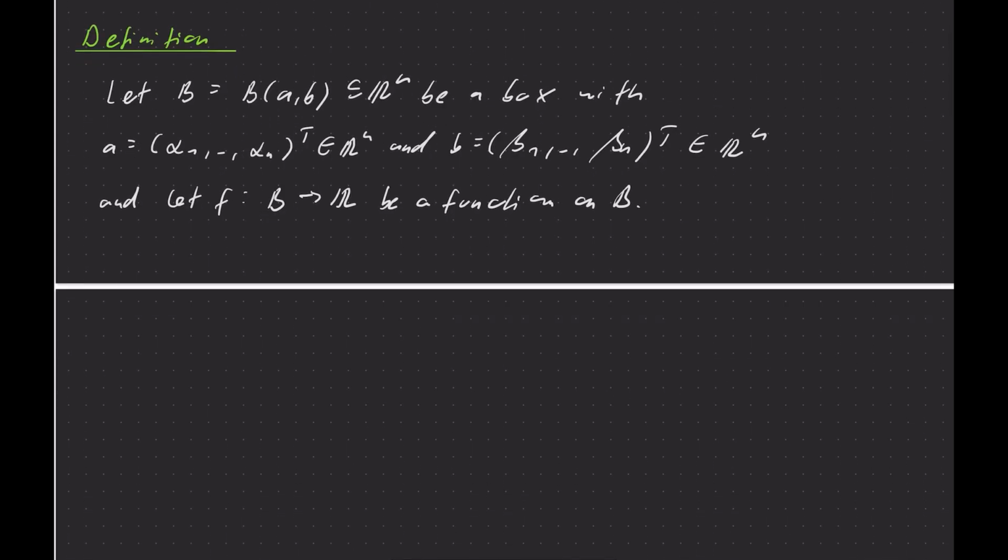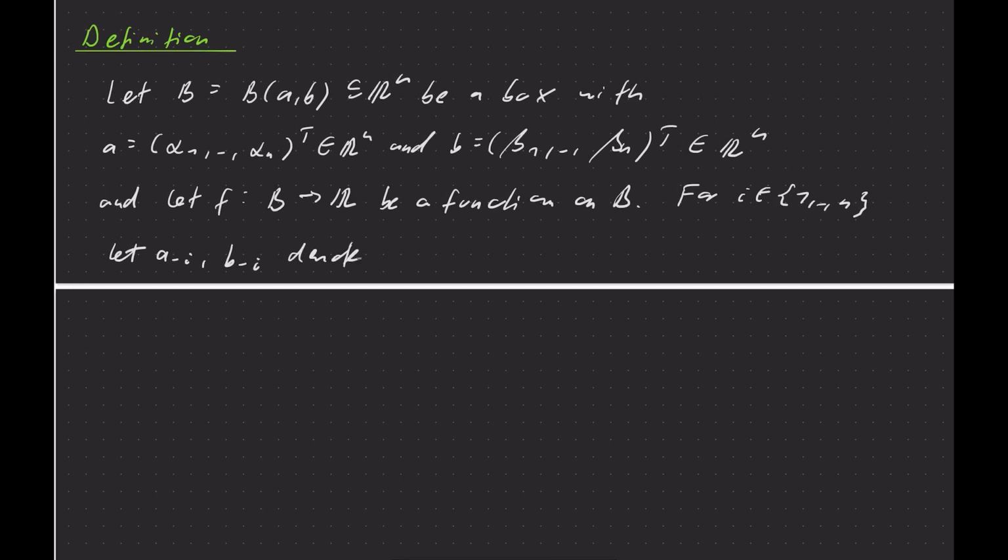In the following, we need to eliminate one of the variables, one of the entries from the vectors, and we'll define a notation for that. So for i in the set 1 to n, we'll define A minus i and B minus i as the vectors where the ith coordinate is missing.